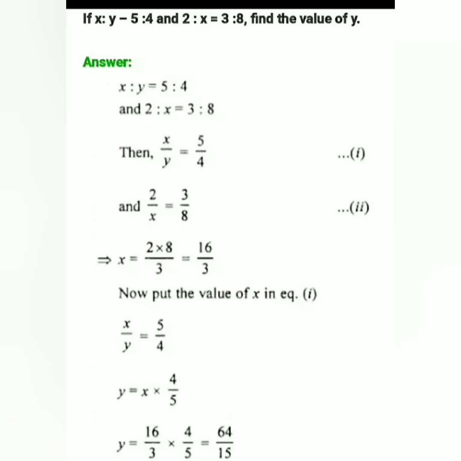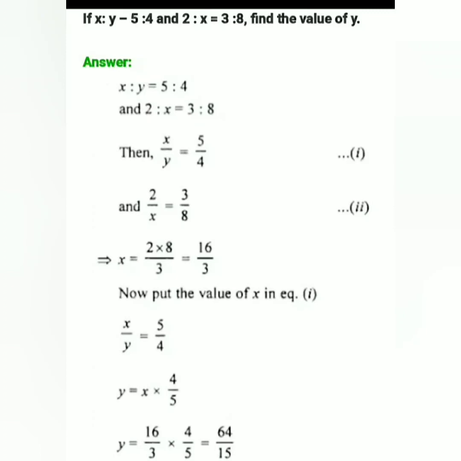From the first one, we will be calculating the value of x. x is equal to 5 upon 4 y. As y is in division, we will be doing cross multiply. It will be going in multiplication. So the value of x has come from here. In equation 2, 2 upon x is equal to 3 upon 8.